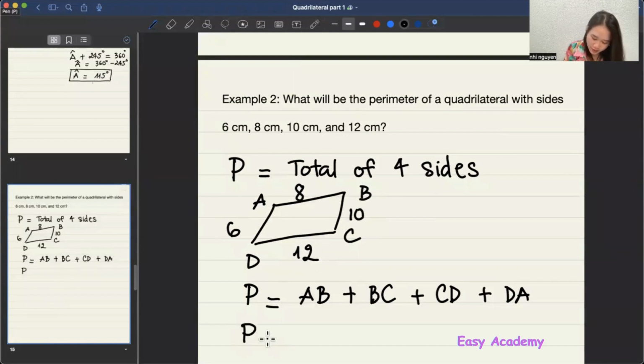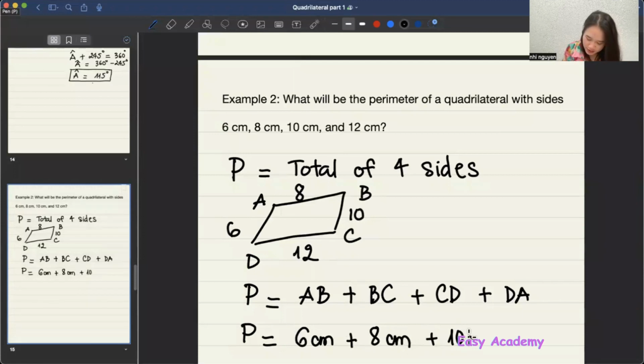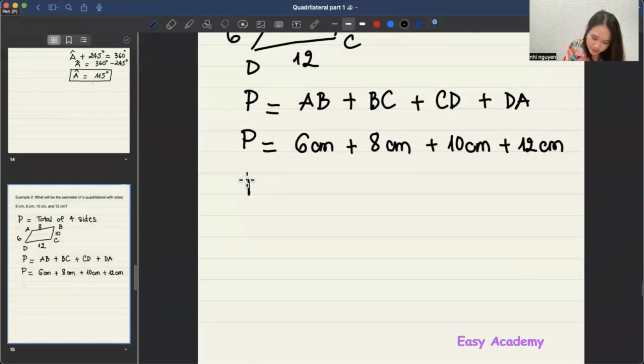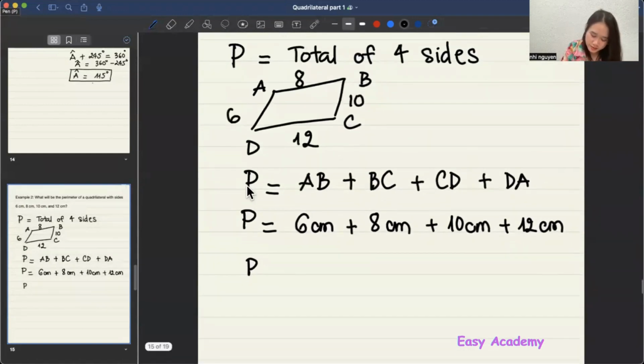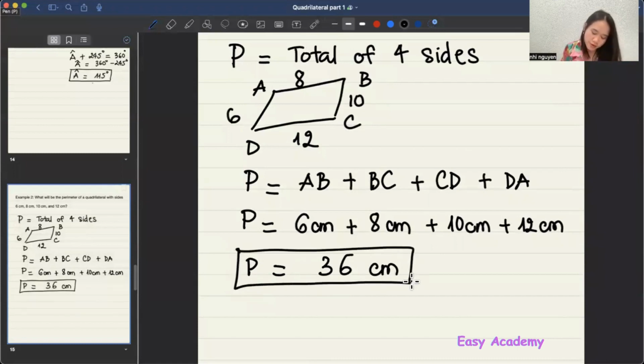So we're just going to plug in the numbers: 6 centimeters plus 8 centimeters plus 10 centimeters plus 12 centimeters. So P is equal to 36, and the unit is centimeters. The final answer is P equals 36 centimeters, the perimeter of this quadrilateral.